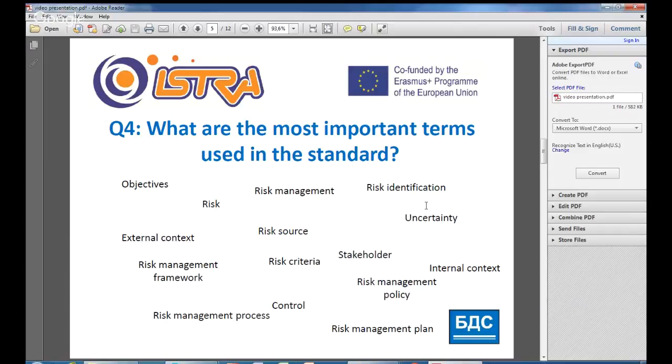Risk criteria. Those are the terms of reference against which the significance of a risk is evaluated. Risk identification. This is the process of finding, recognizing, and describing risks. Risk source.